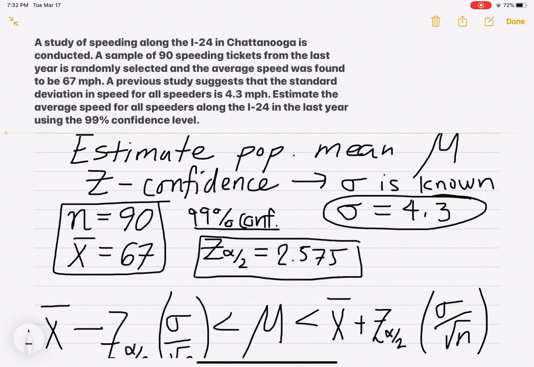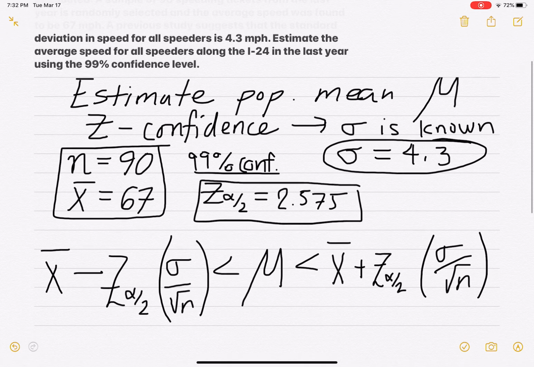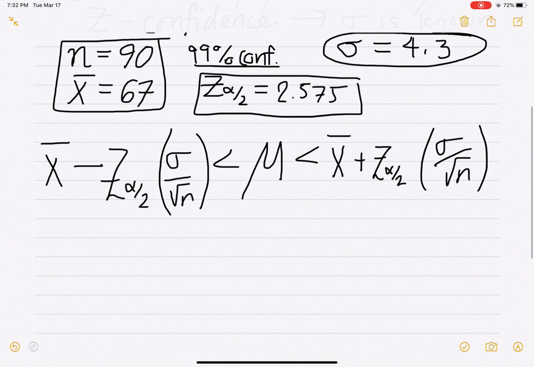So I'm going to take these four numbers. I'm going to take the n, the X bar, the Z alpha over 2, and the sigma. I'm going to plug them into my Z confidence interval formula. So let's do that.